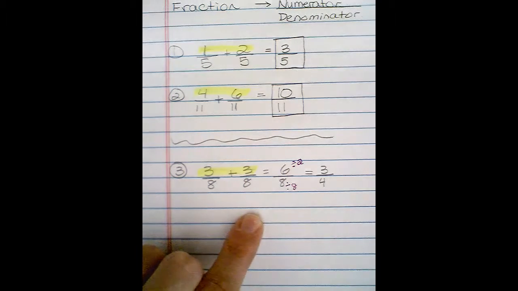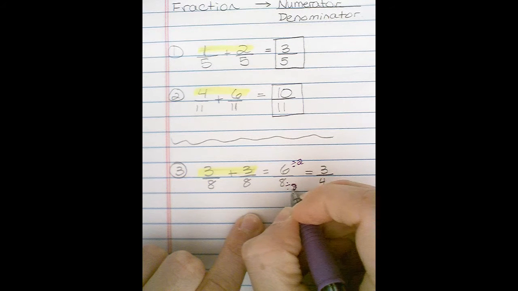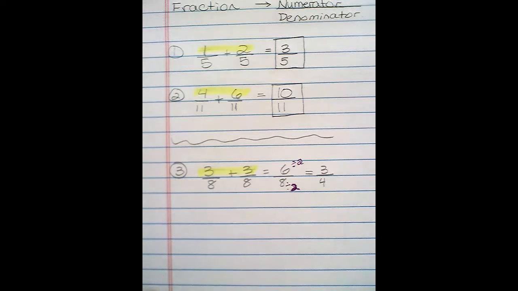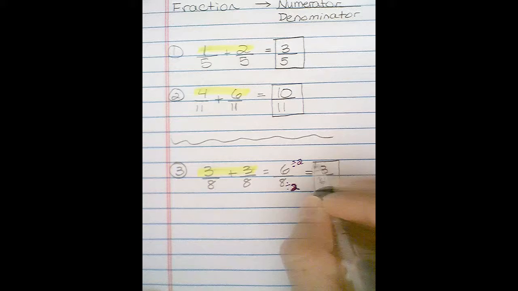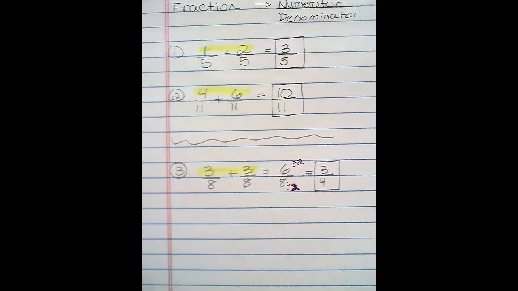I just noticed that I did not write a 2. Always got to be careful. So, this is now your final answer. Just remember, you got to double check. If I can simplify a fraction, I need to do the work to simplify it.